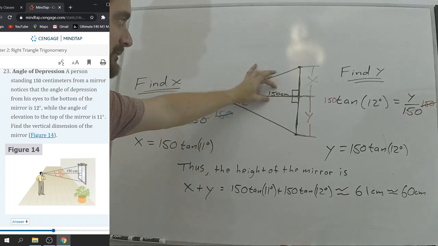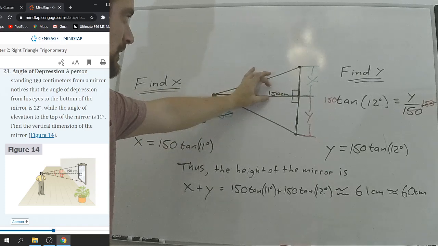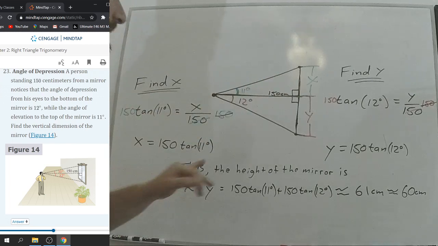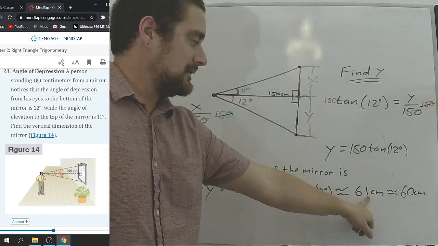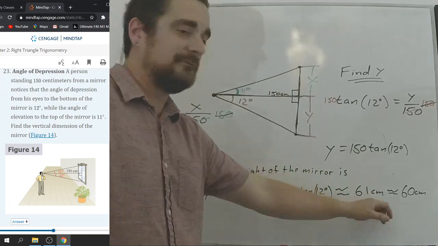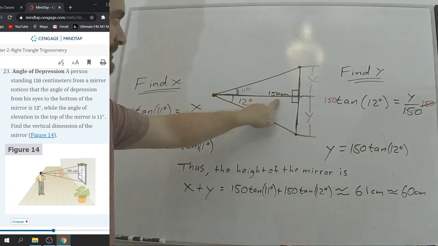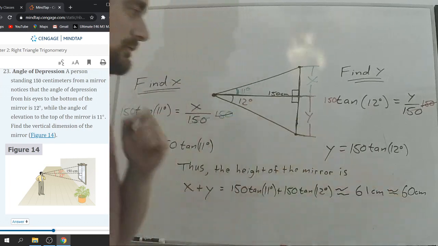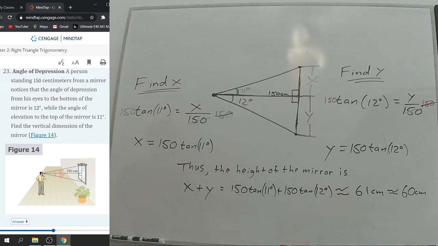We don't know if that was 149 or 148 or 151, and they were doing some rounding to a tens place. So we might not want to be that accurate and say, well, it's exactly 61 or exactly 62 or exactly 59. We might do the same thing and say, well, you gave us a measurement rounded to the tens place, so I give you a measurement rounded to the tens place.